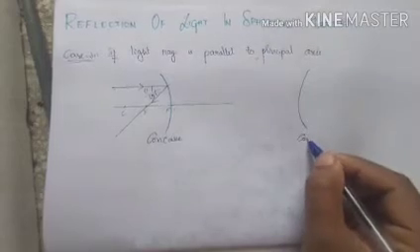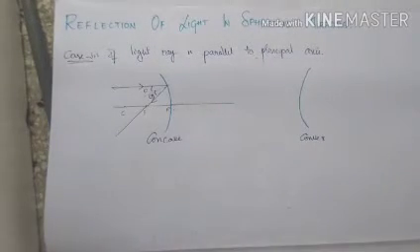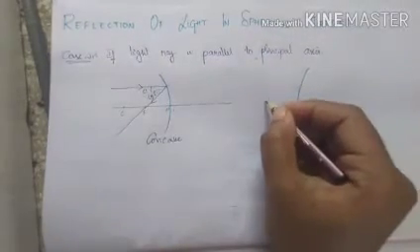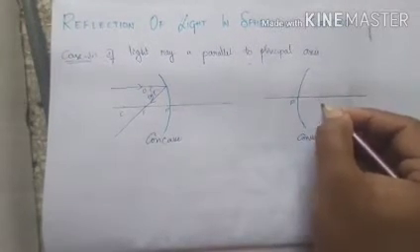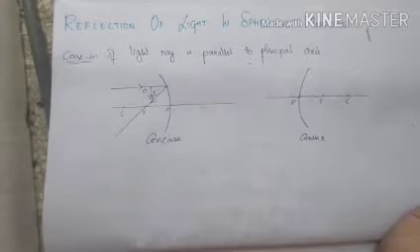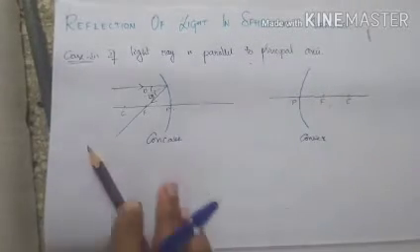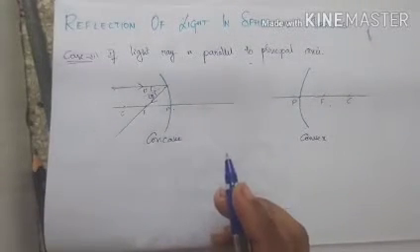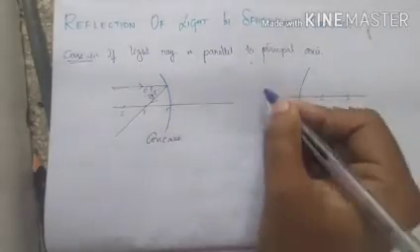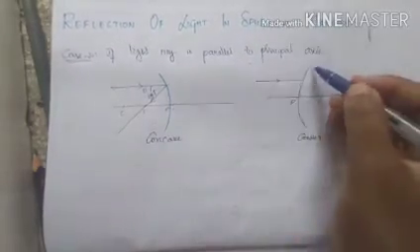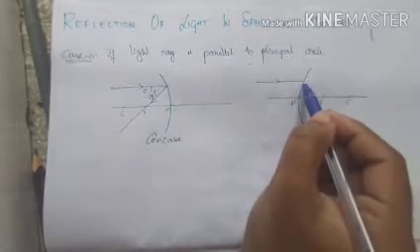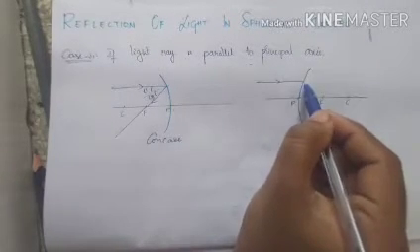Let's see for convex. I'm drawing the principal axis here: principal axis, pole, focus, center of curvature. Here the light ray is parallel to the principal axis, and this is your reflecting surface, so it gets reflected like this.